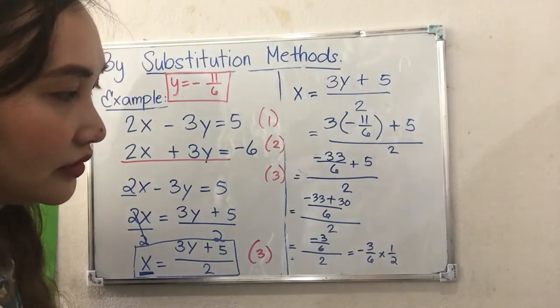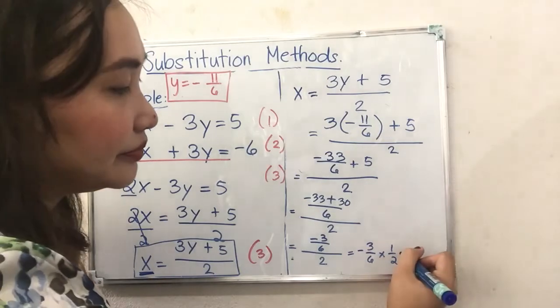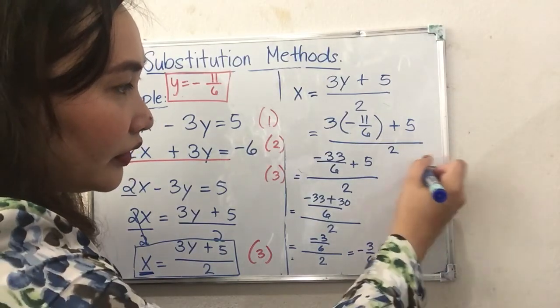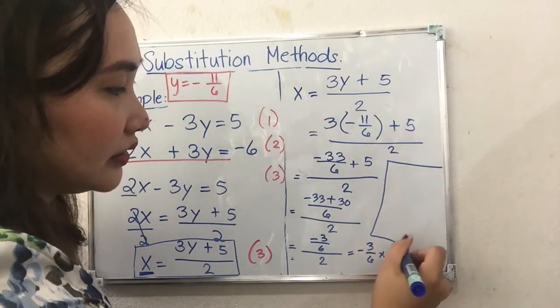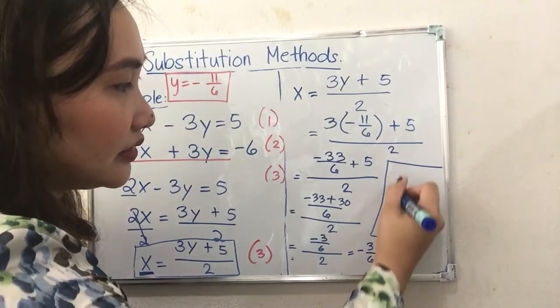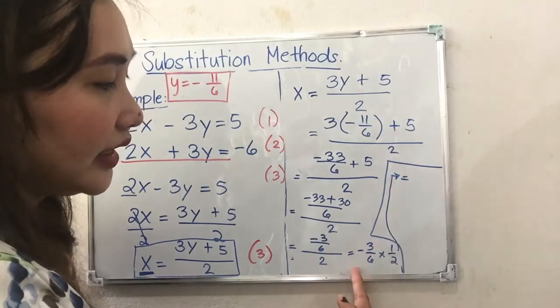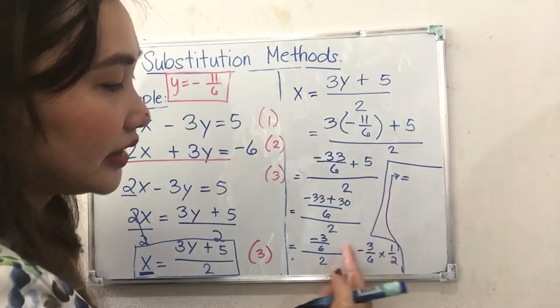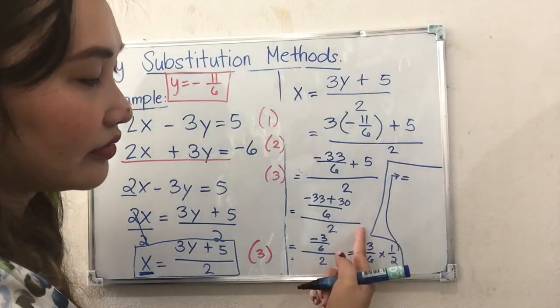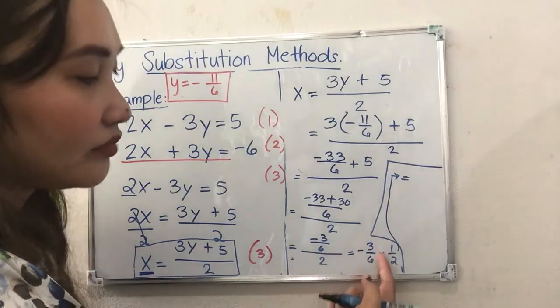Since this is over 2, we're going to change that to negative 3 over 6 times 1 half.